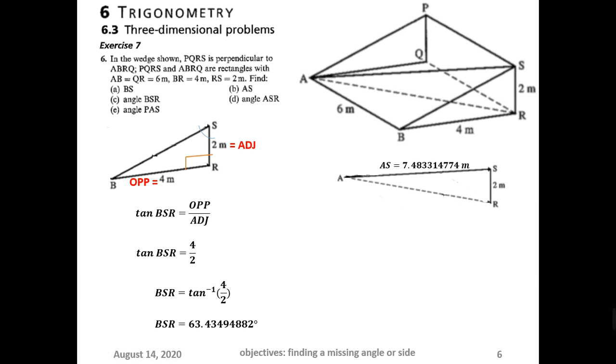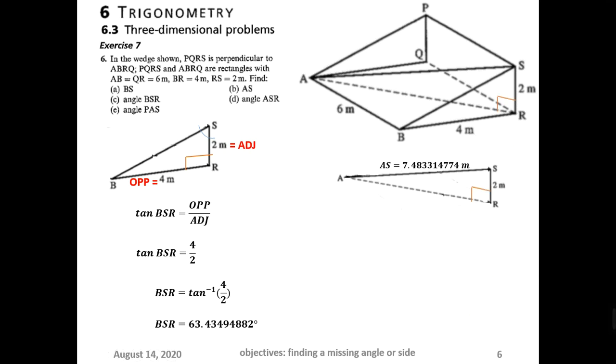This is the sketch, ASR. And as you can see, SR is given to us in the question as 2 meters. AS, we found it in the previous steps in the previous slide.